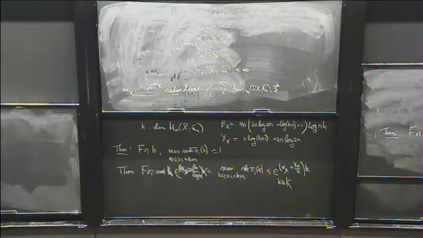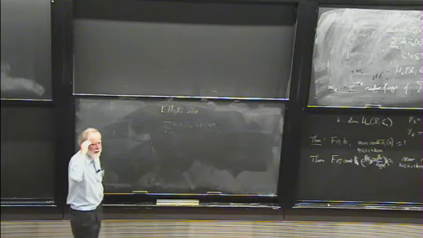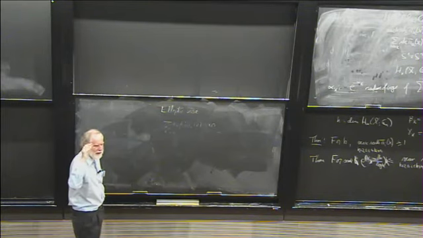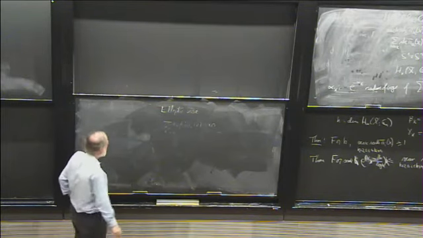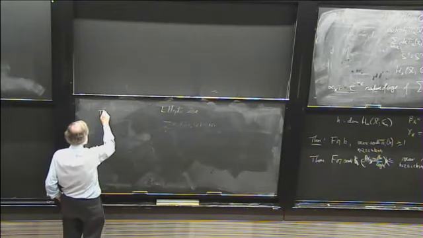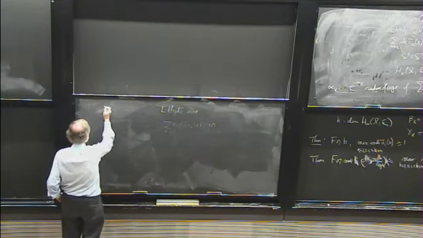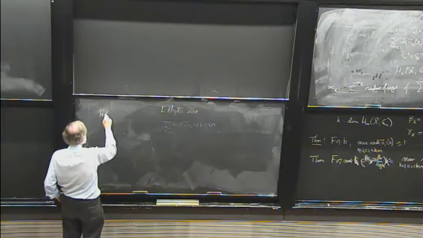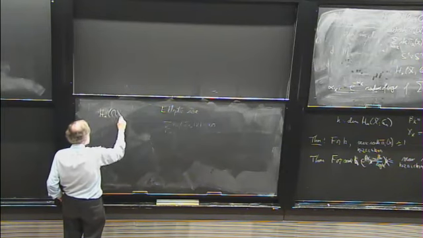I want to remind you that if you want to talk about the homotopy groups of a space, you may as well talk about the homotopy groups of the loop space. It's the same thing with the degree shift by 1. And pi star, go back, H star of omega X, and now X is simply connected.